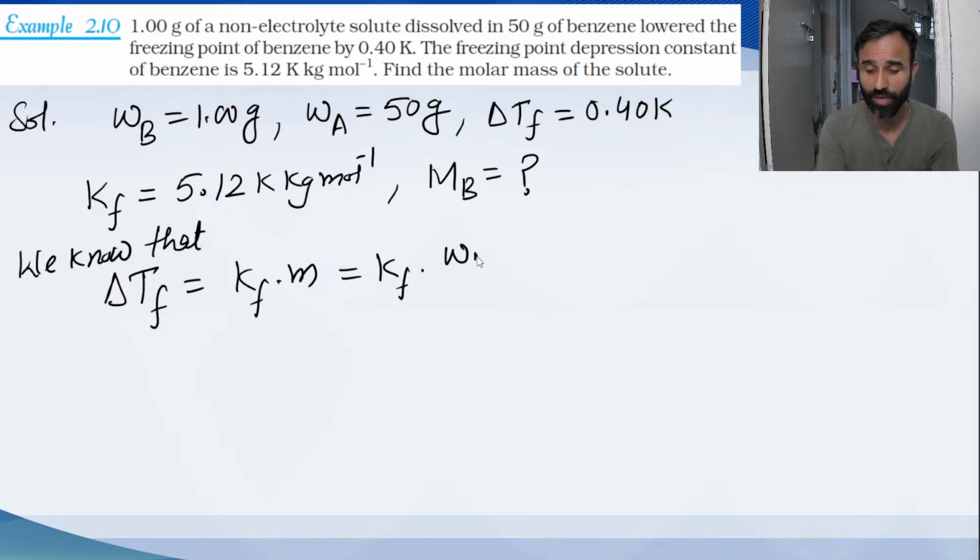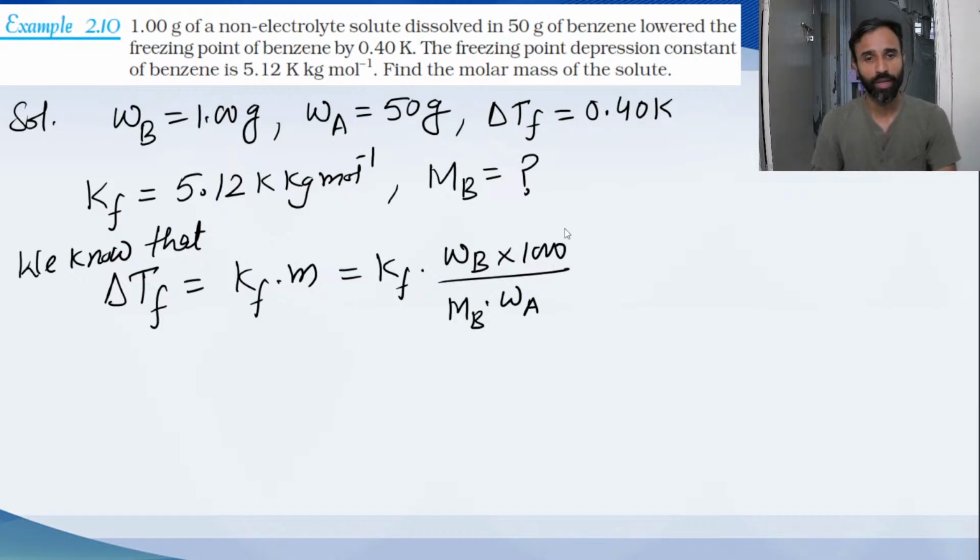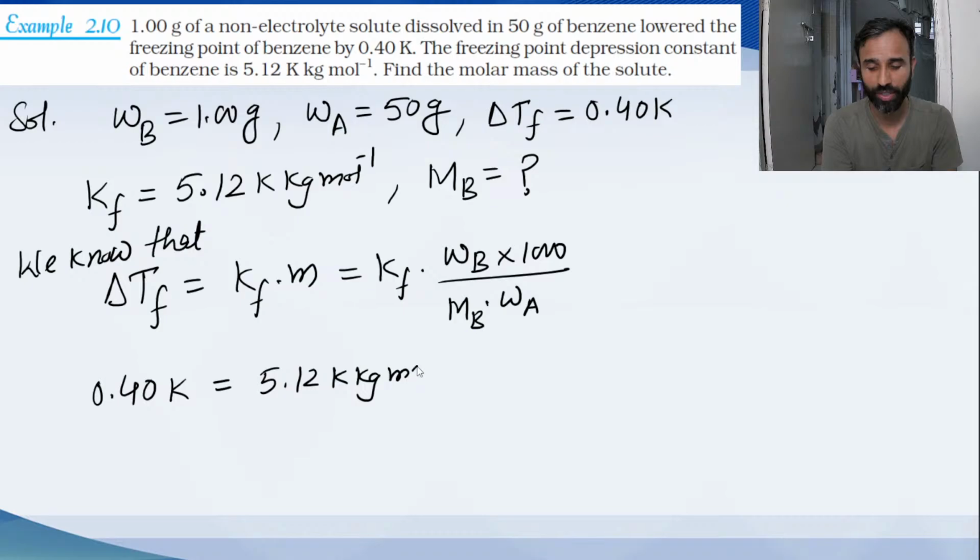So we expand it further: WB by MB, WA into 1000. Okay, so delta TF is 0.40 Kelvin, Kf is 5.12 Kelvin kg per mole.